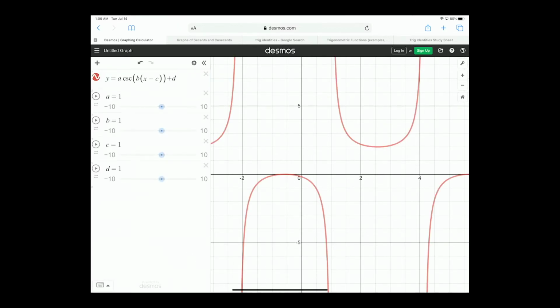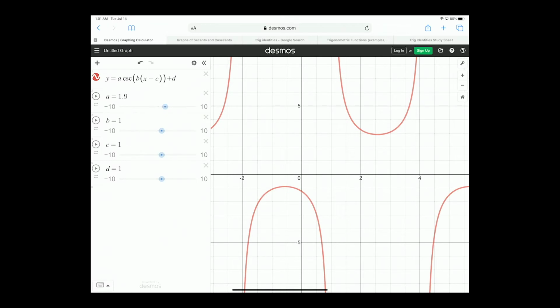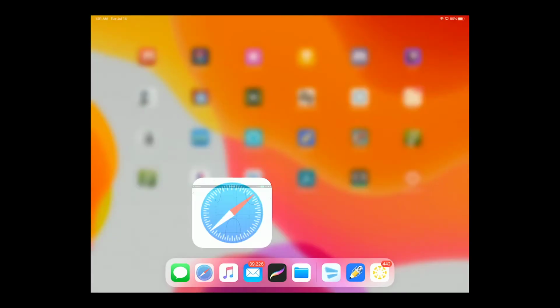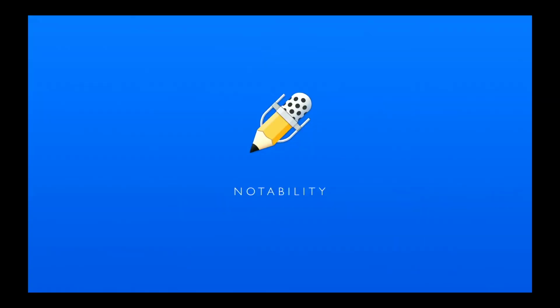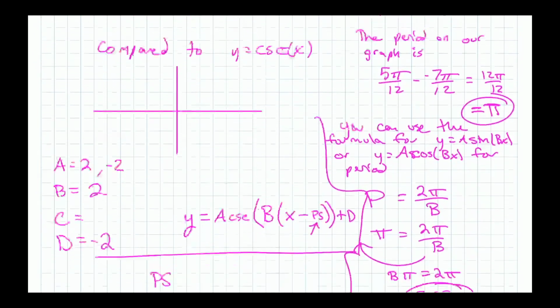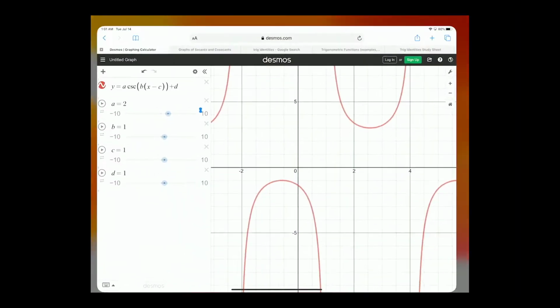And what do we know? We already decided that the A was 2, right? Because it should be twice as tall. Okay. And we know that the B was, what was the B? Let's look. The B was 2 as well.